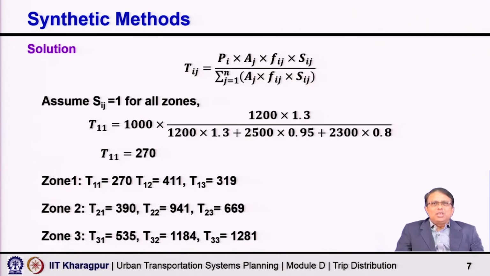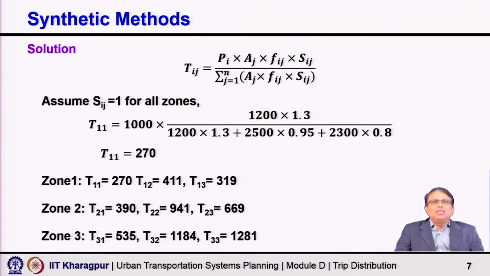So, you will get 411, and for T13, again 1000 into 2300 into 0.8 divided by again the same sum over j of Aj Fij, same value. So, you will get 319.